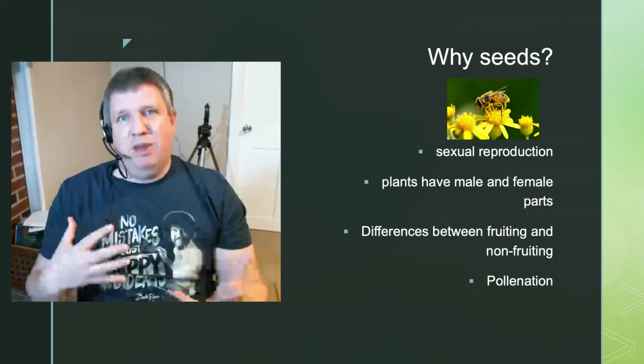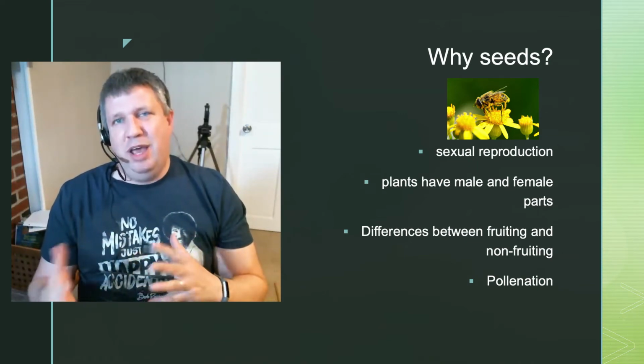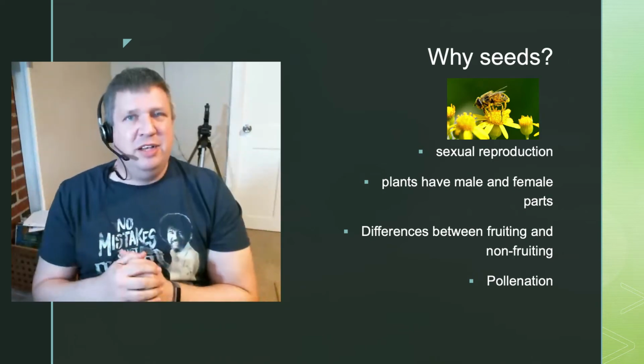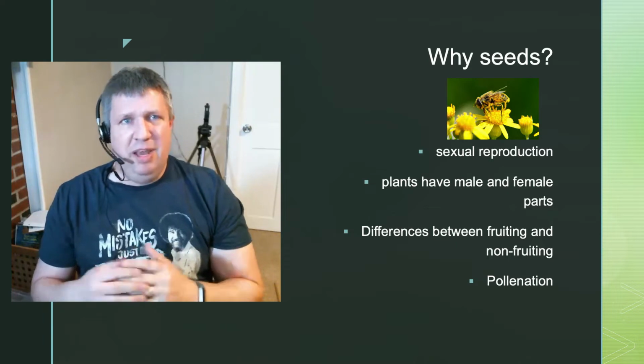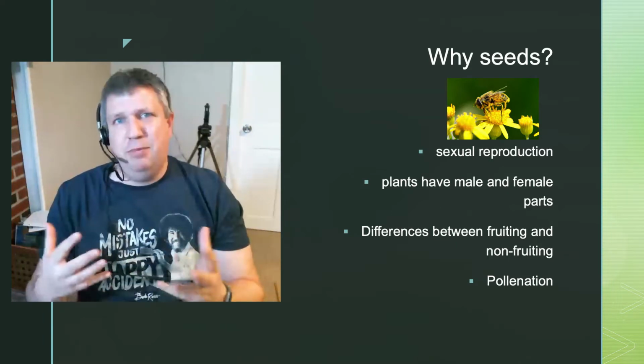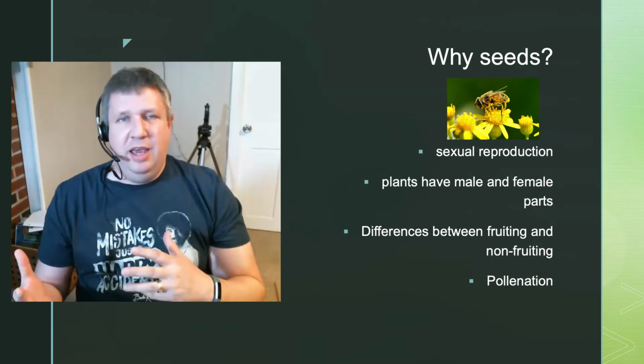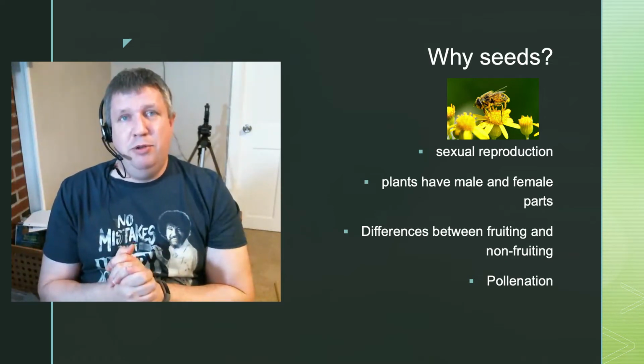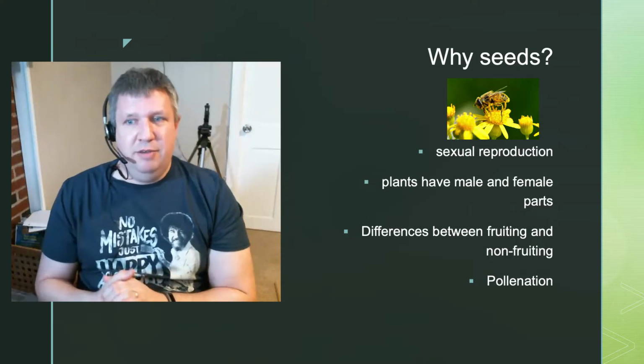So not all plants produce their seeds in exactly the same way. There are even some other versions of this that happen, but that's the general process by which plants undergo reproduction: they somehow produce the seed and then that seed gets distributed. There are other ways for plants to reproduce, but we'll talk about those in a different presentation.